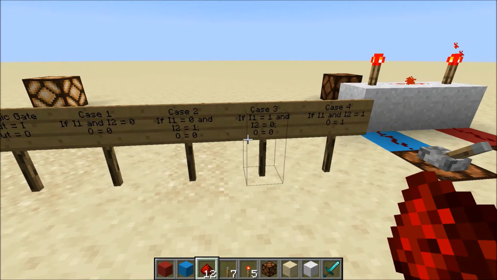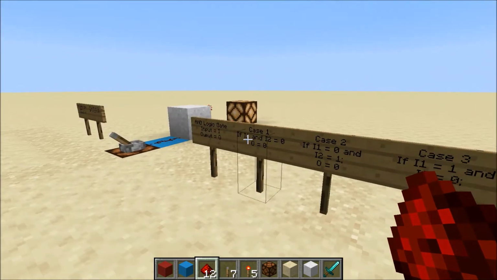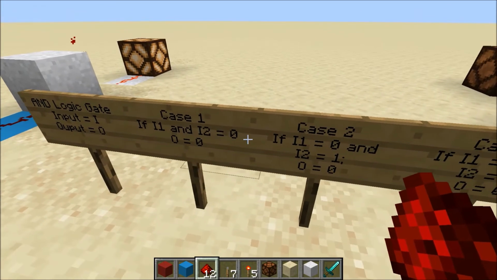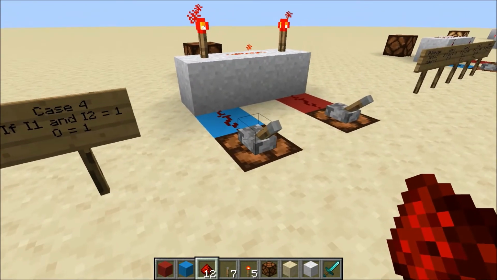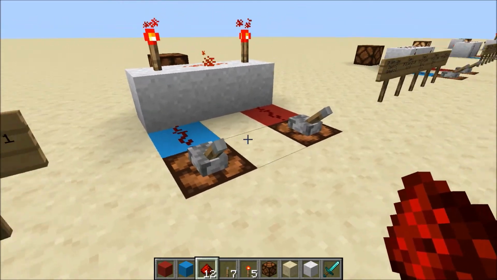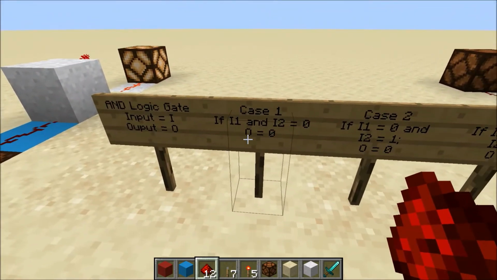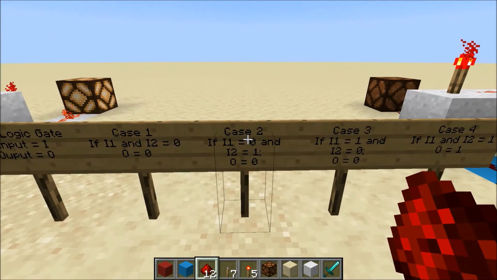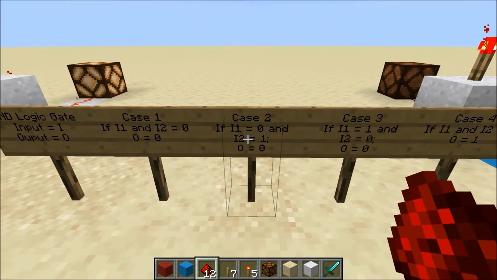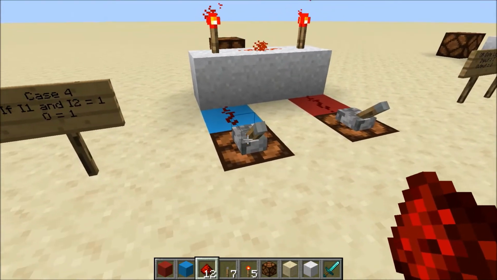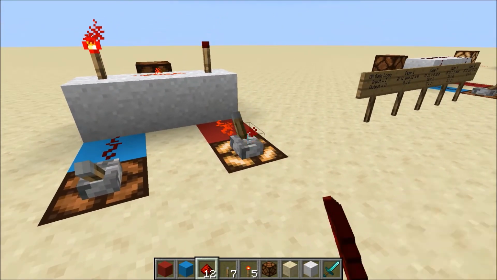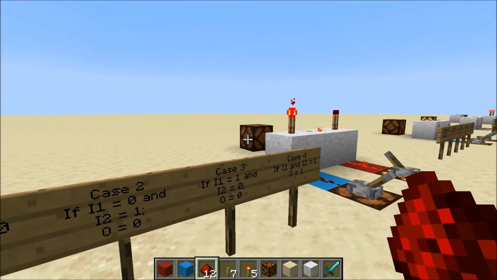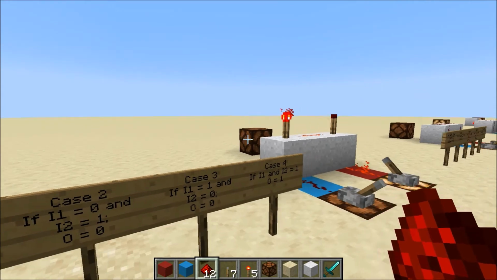The first case is if input 1 and input 2 equal 0, the lever is off and the output will be 0, the light is off. The second case is if input 1 is 0 and input 2 is 1. What do we get? The output is 0. The light is off.